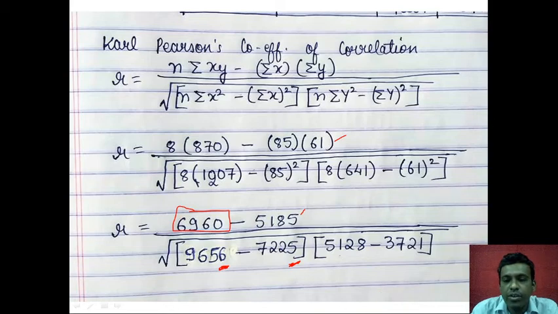So what is 8 into 641? 5128 minus 61 into 61, that is 3721.